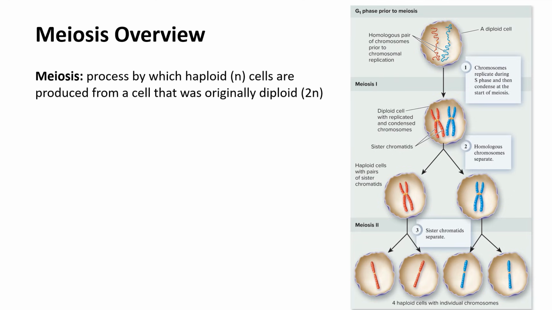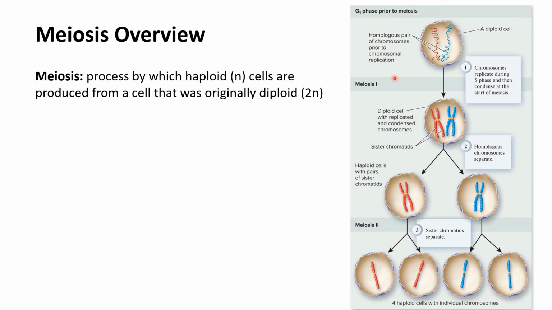So in humans, for males, this would be how your sperm is produced in your testes. In females, this is how your eggs are produced in your ovaries. Now, there's some key differences, and some of them have to do with the arrangement of the chromosomes, and that's why I wanted to review chromosomes.